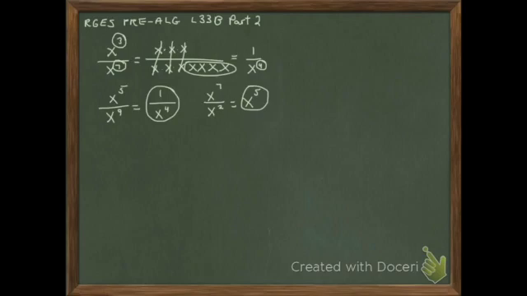If I had a number in front of it, like 5x to the 6, whoops, I don't want a 5. Let's do something more interesting here that I can work with. Let's say 18x to the 6 over 3x squared. For the number part, simply divide. 18 divided by 3 is 6. For the variable part, do what we just did.